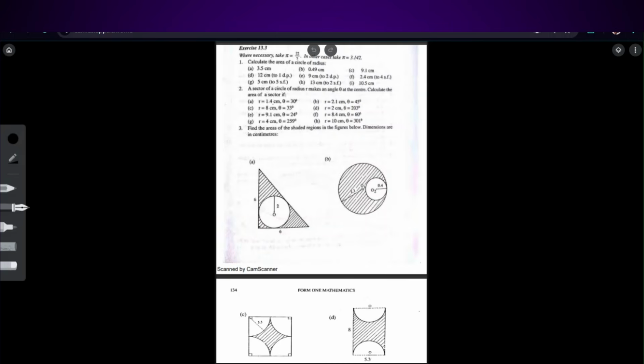Let me pick this one and just change one or two things about the area. Now, if I have a circle whose radius is 3.5, calculate the area of a circle. Now, this one is telling us to get the area, but I want to get the circumference of a circle.